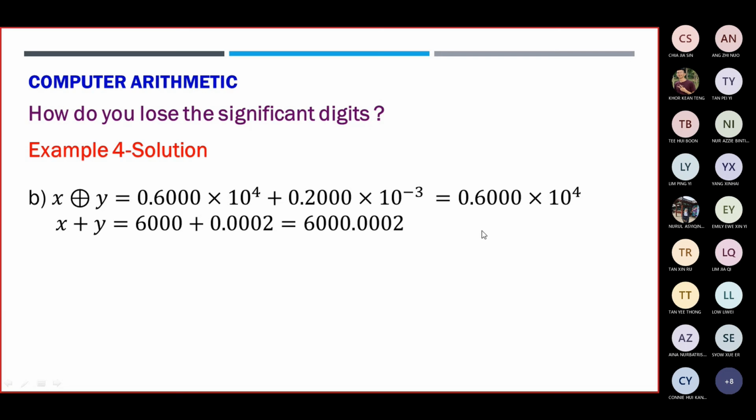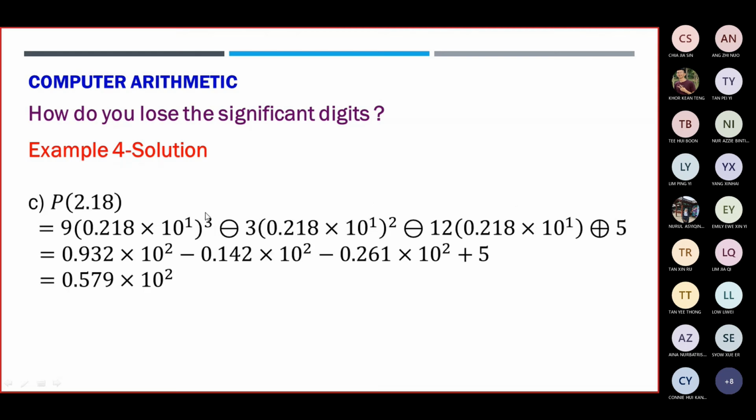Now look at example 3. Likewise, same things. You need to attempt using the computer arithmetic way. So you substitute those values, as I said earlier, change to the NDF form, substitute accordingly, and then you calculate, and your final answer is 0.579 times 10 to the power of 2.